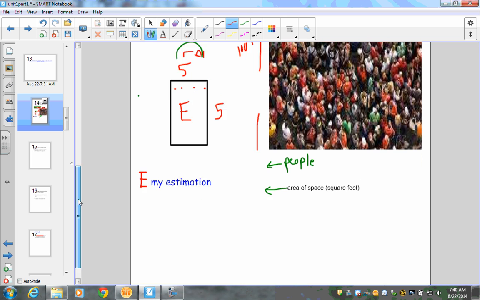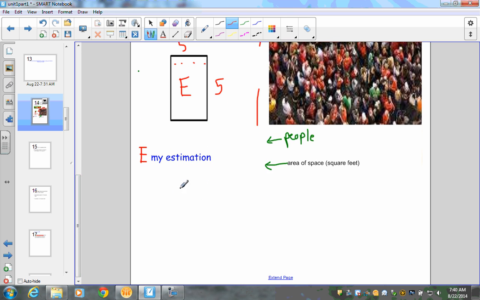There's my 5 by 5. So when I create my proportion, rather than putting a number of people in here, I'm just going to put the letter E, which means my estimation. Let me show you exactly how to set it up. You would put E over 25 is equal to X over the space, which I believe was 10,000. We're going to cross multiply.